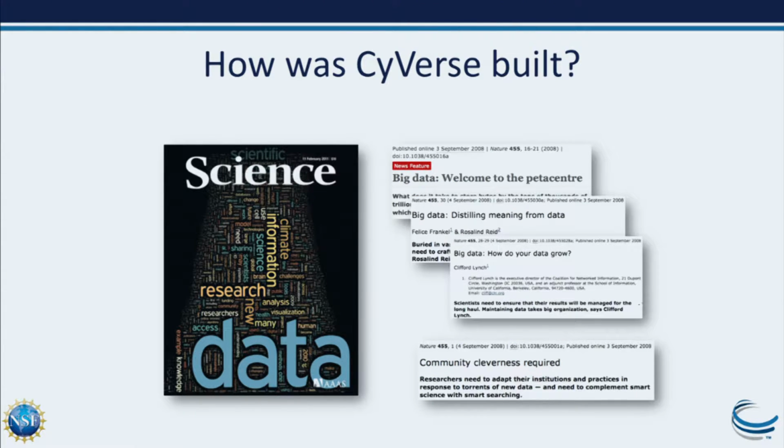Now, a quick bit of history. It won't take too much time to go too far into the historical things, but it is important to realize that as a platform, we always knew from the beginning, with this introduction of the idea of big data and biology as actually being a data science, that it would be a community effort, that we wouldn't just build things of our own accord. Community cleverness was required.